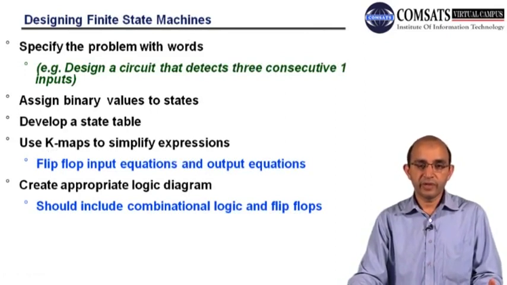It will be beneficial if we are able to simplify the combinational circuitry which provides the input to the storage elements, or which is at the output of the whole circuitry. So we need some mechanism, and here we will be using K-map in order to simplify the combinational logic.